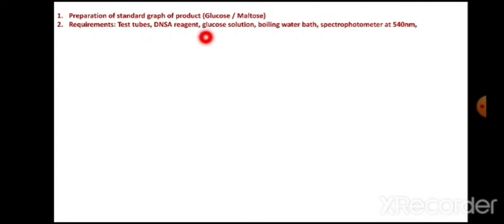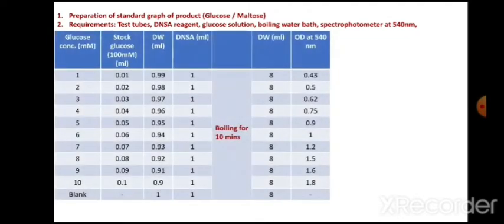This is a colorimetric estimation, and the reagent responsible for the development of color is dinitrosalicylic acid reagent. You might have learned about the principle of the DNSA method. The DNSA method is useful for measuring the concentration of reducing sugars.